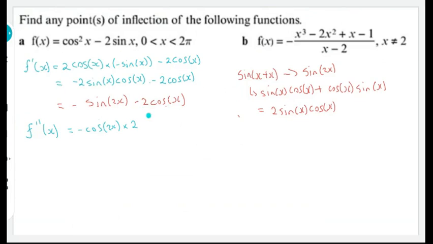And then minus 2 cos x, well, that differentiates to plus 2 sine x. Then this becomes minus 2 cos 2x, that's a 2, plus 2 sine x.